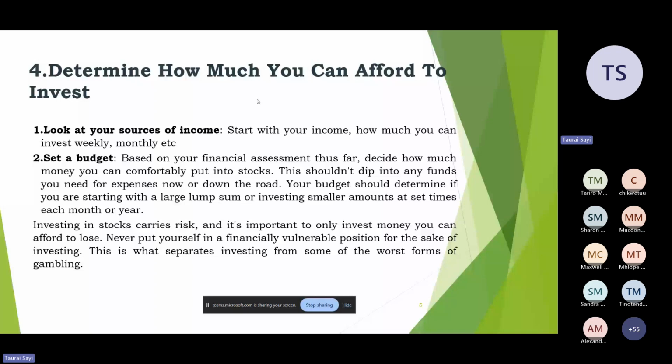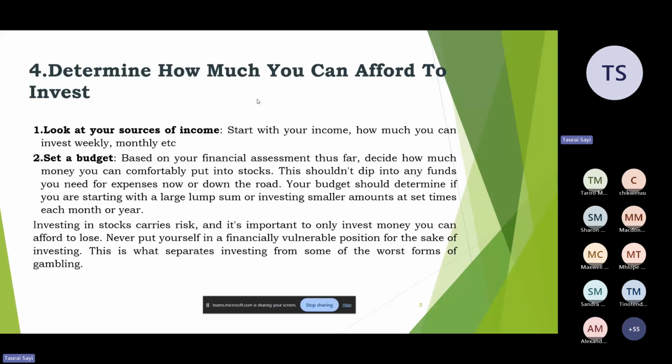Decide how much money you can afford to put in stocks. This shouldn't dip into any fund you need for expenses now or down the road. Your budget should determine if you are starting with a large sum or investing small amounts at set times each year.